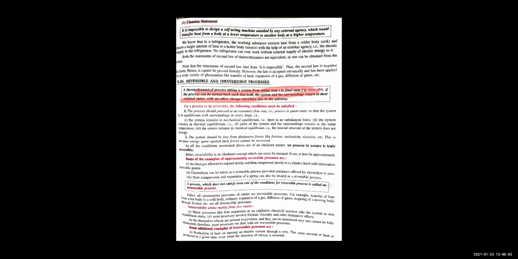So they are reversible processes. Irreversible processes are the processes in which this does not happen, that is, the system and the surroundings do not return to their original state. Somewhere something has changed, right?